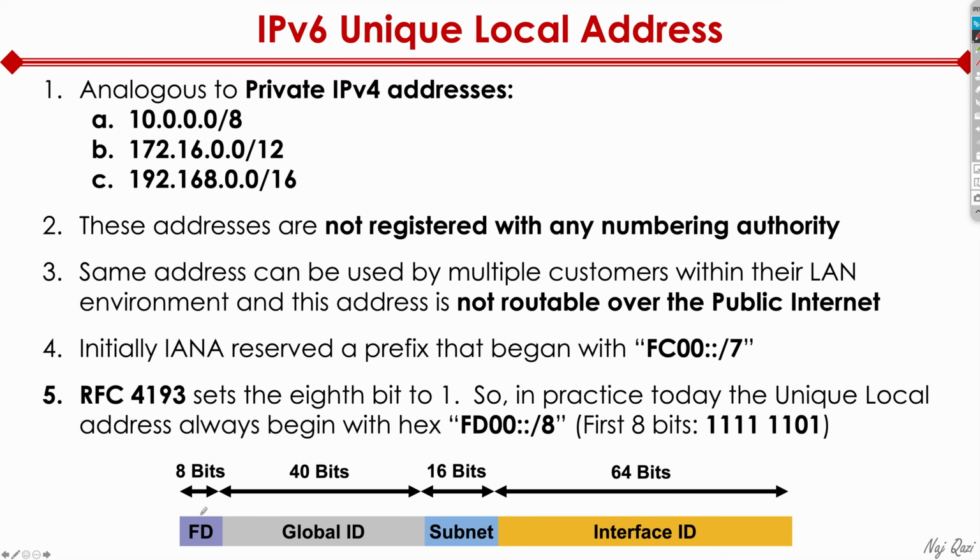When we say FD, these are the first two hex digits, the first 8 bits, and they're reserved. That's how it looks. The rest of the 40 bits, that's the global ID for our network. What we can do then is play with 16 bits to do subnetting. And finally, remember, we always want the last 64 bits in IPv6 to be associated with the interface ID.